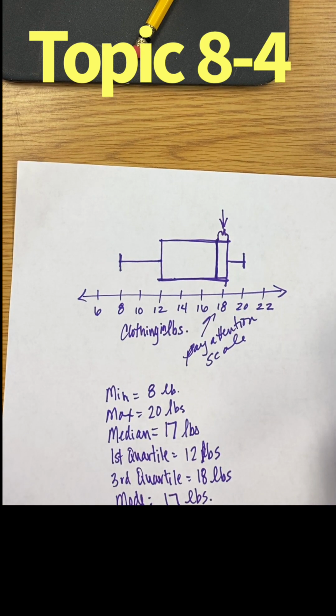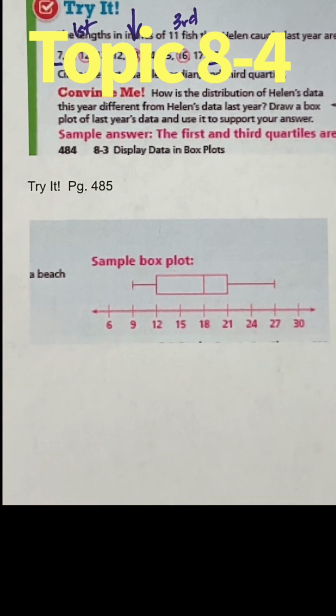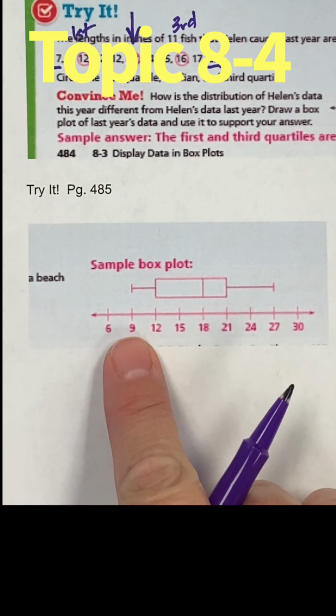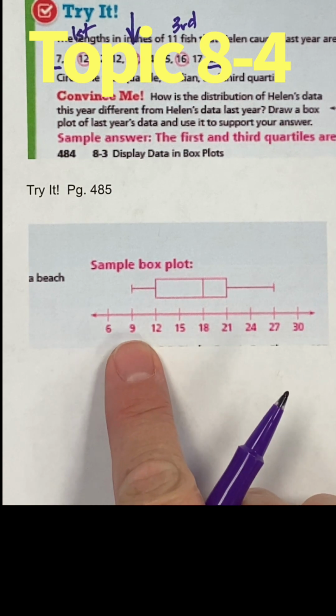Okay, so go ahead and do the try it on page 485. You've got a set of data there. See if you can do a box and whisker plot real quick and come back. Okay, the try it on page 485, your minimum, once you put those numbers in order, was 9.